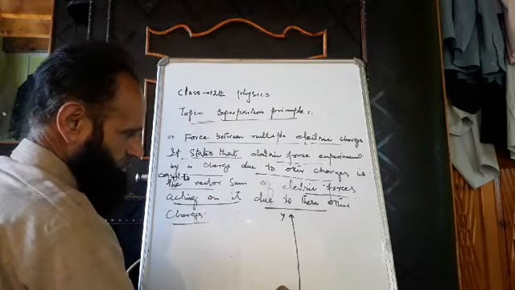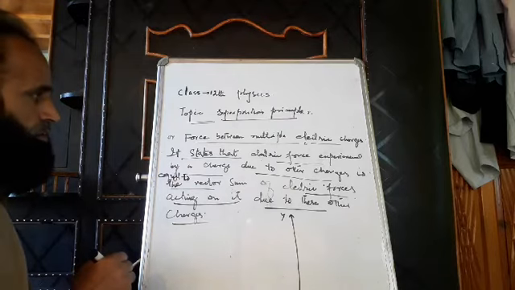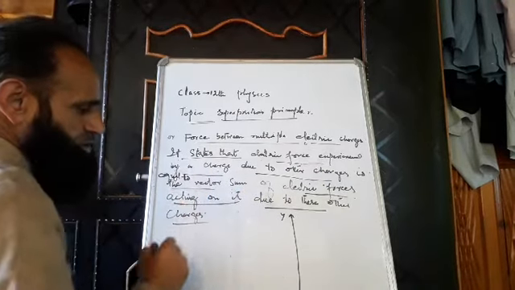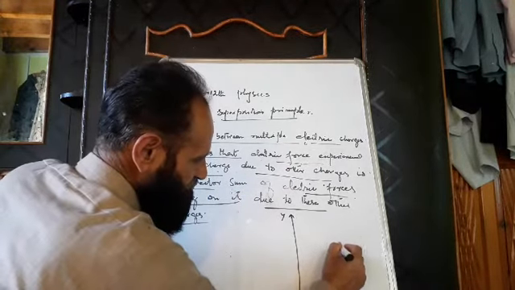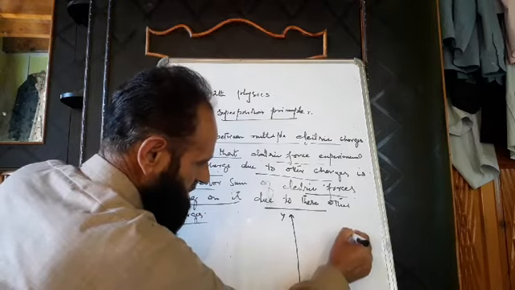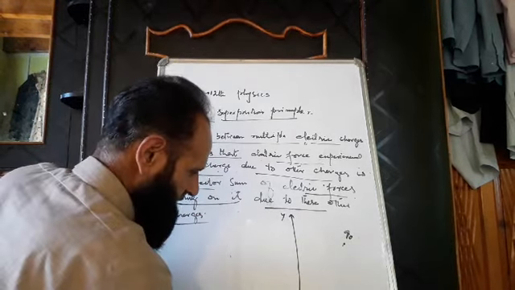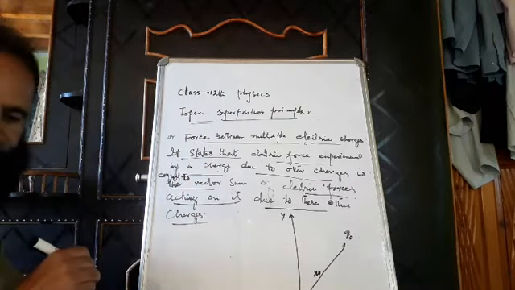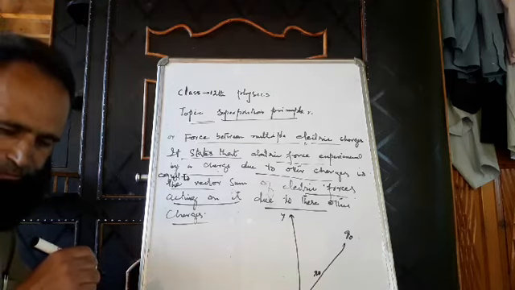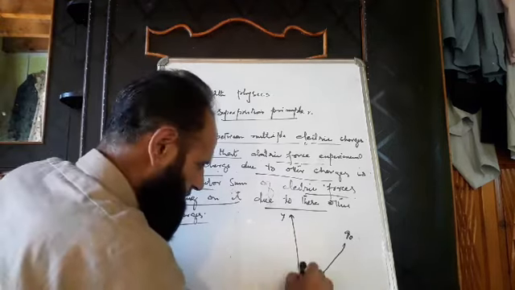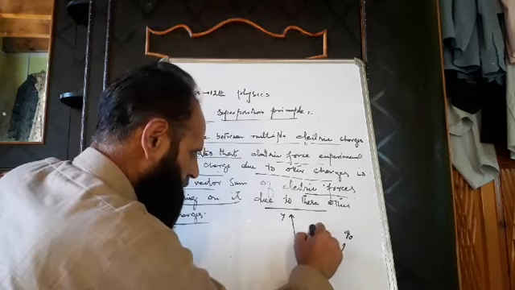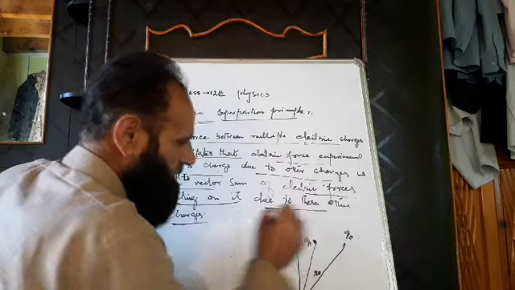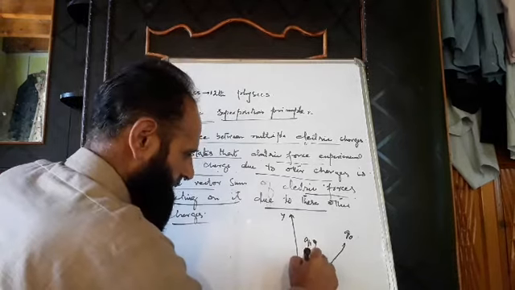It is the origin O. Let us take any charge Q0, a test charge Q0, positive charge, at a distance of R0 from the center. Let us take another charge Q1 here, at a distance R1 from the origin.